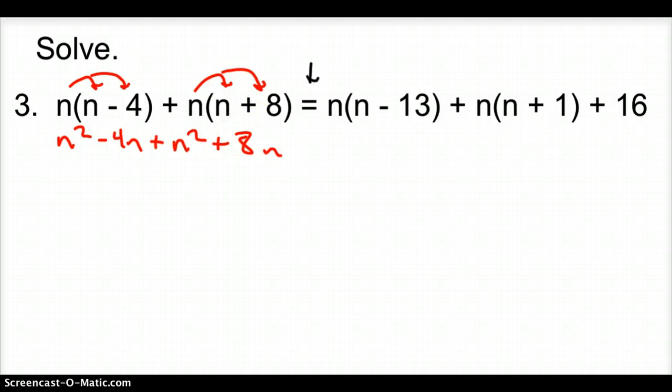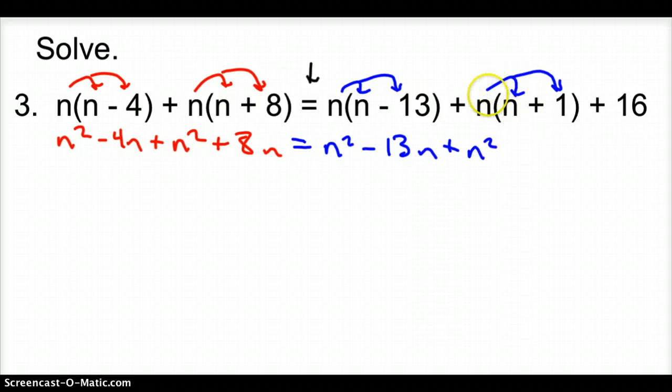Now going across the equal sign, I have here and here, which gives me an n squared minus 13n. Here also gives me an n squared because we have to add those exponents. Here's a 1, there's a 1, we're adding those exponents, plus n, and then that 16 is not in the parentheses, so there it is. Now I'm going to simplify everything first before I start moving things.